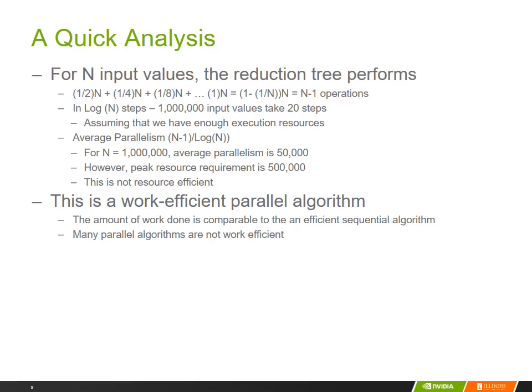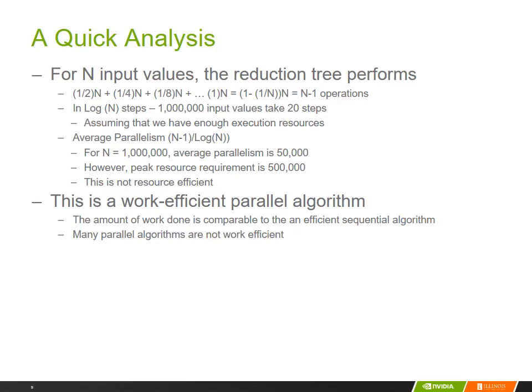But this assumes that we have enough execution resources. Remember, if we want to be able to complete the execution in 20 steps, we actually have to have 500,000 comparisons all done in parallel with each other. If we calculate the average parallelism throughout the computation, we have n-1 operations done in log n steps.